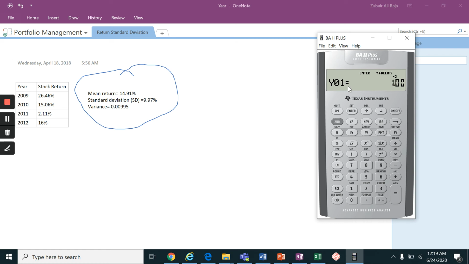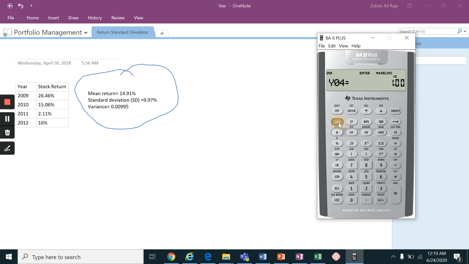The only variable is the stock return of this particular stock. So we'll go to X02. Press down arrow, X02, 15.06, enter. Then press down arrow again, X03, which is 2.11%, enter. You do not have to punch in the percentage sign; by default it will take the percentage. Enter, and go to the next one, X04, which is 16%, enter.